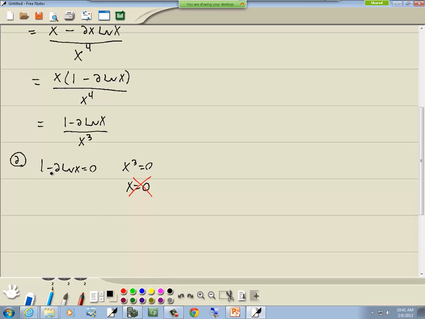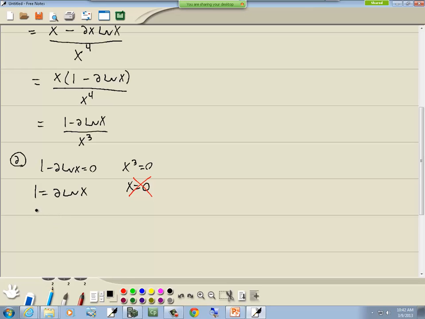Now here, this is a natural log equation. Our steps for solving a log equation said get everything with a log on one side, numbers on the other side. So I'll take that negative 2 natural log of x to the right side. Becomes a positive 2 natural log of x. Now our second step said you use properties of logs or basic math to get the log by itself.